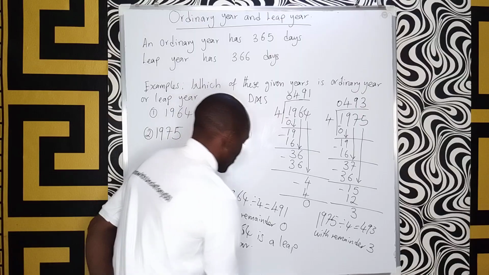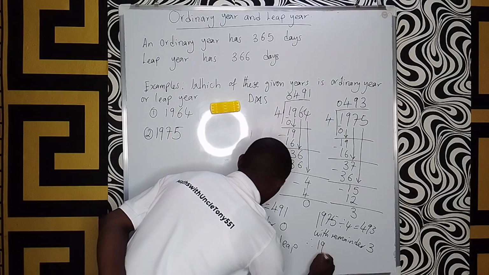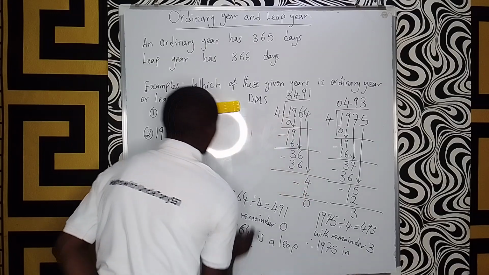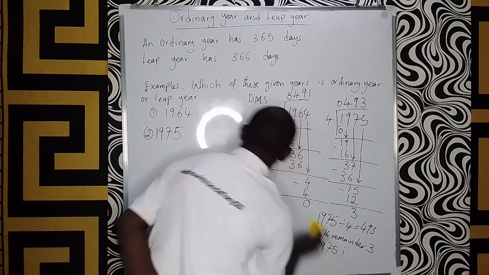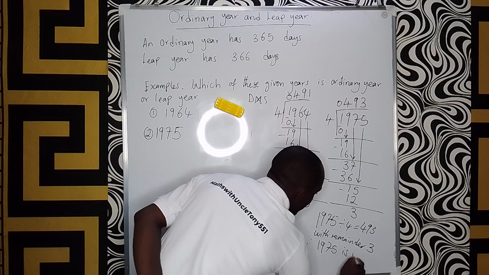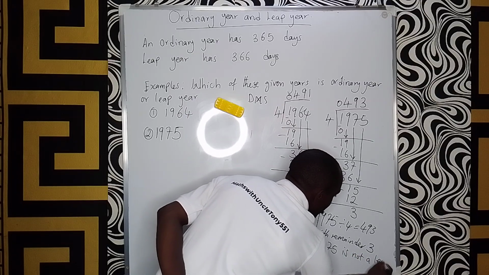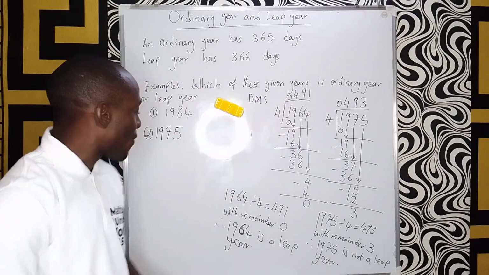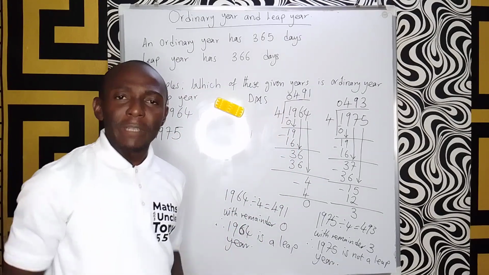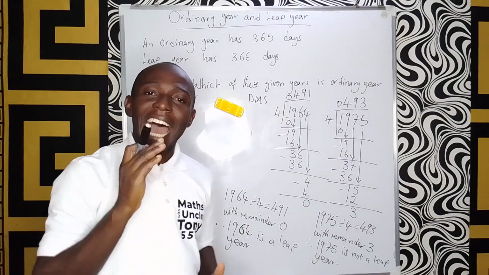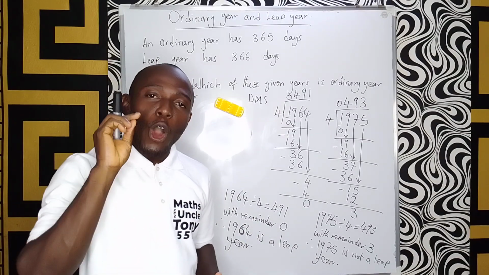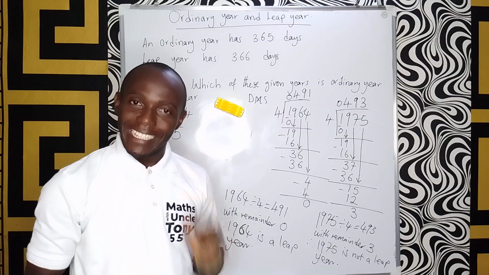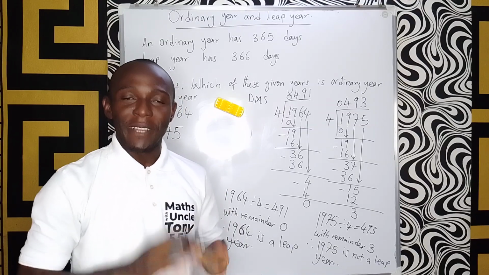Which means, therefore, 1975 is not a leap year. So 1975 is not a leap year, which means 1975 is a year that has February with 28 days. February has 28 days. So it is not a leap year.